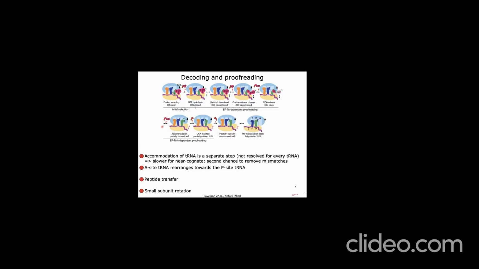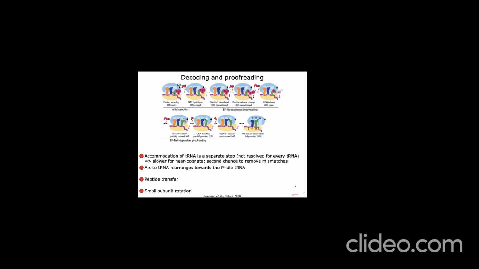Now, once the GDP has been released, the tRNA is here, and now it basically needs to accommodate. So it really needs to go into its final conformation, where it then is able to rotate such that the amino acid that's first facing away from the P site tRNA must be brought close to it, otherwise this could not react.